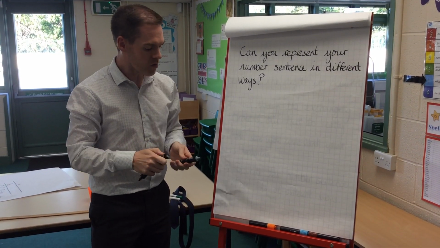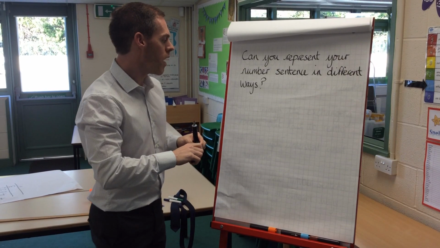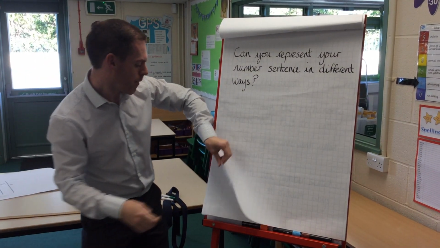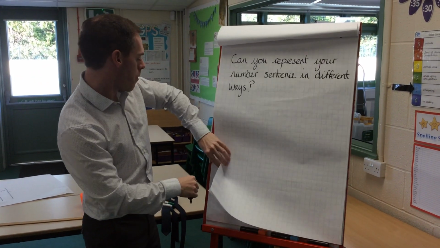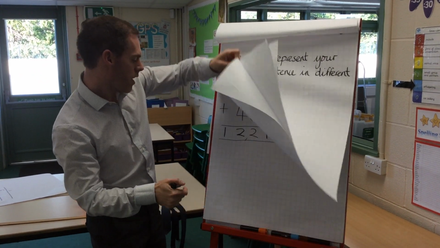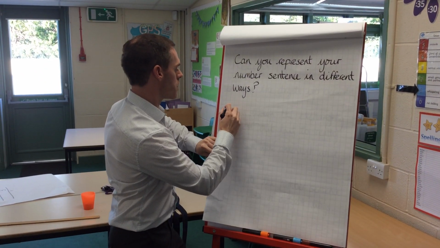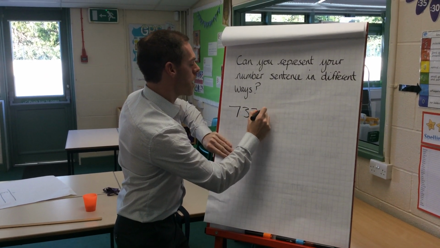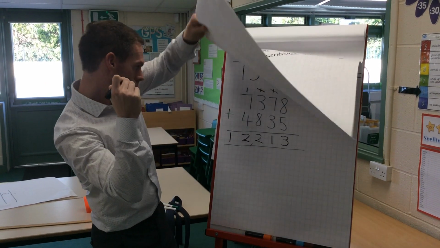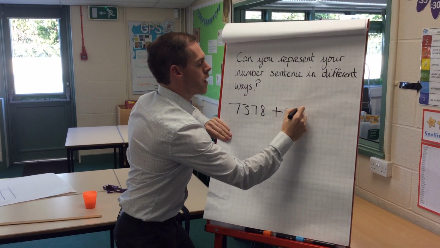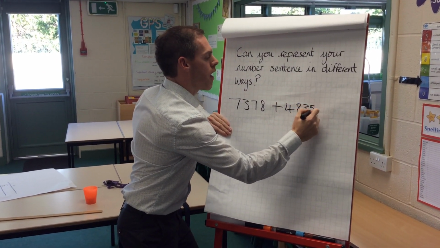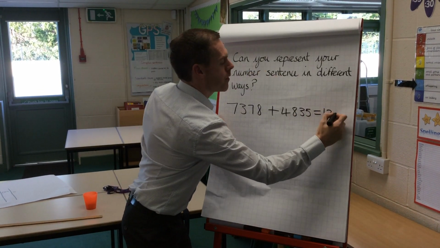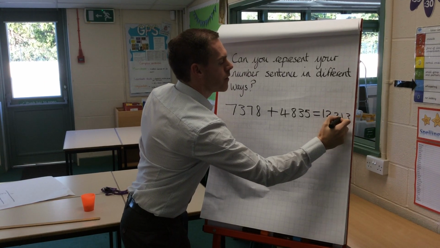Okay? So, lots of things we can do when we add two large digit numbers. The other thing we can do is write that number sentence in lots of different ways. So I'll quickly show you that before we finish. I'll write the number sentence out as we've done it. So it's 7,378 plus 4,835 equals 12,213.